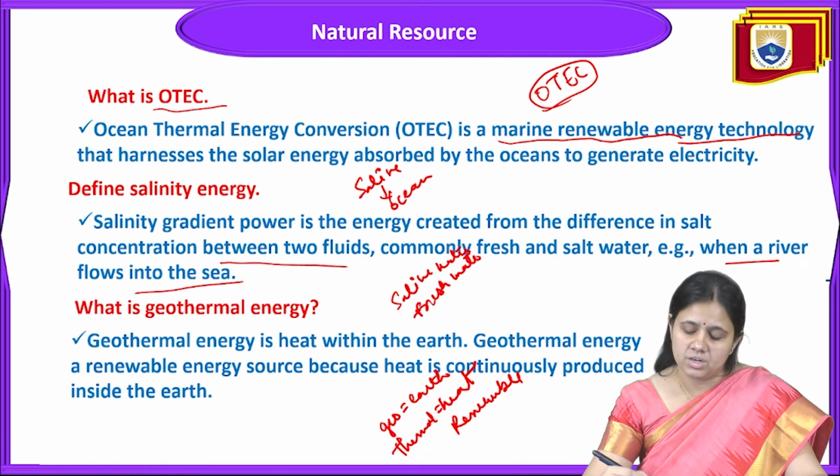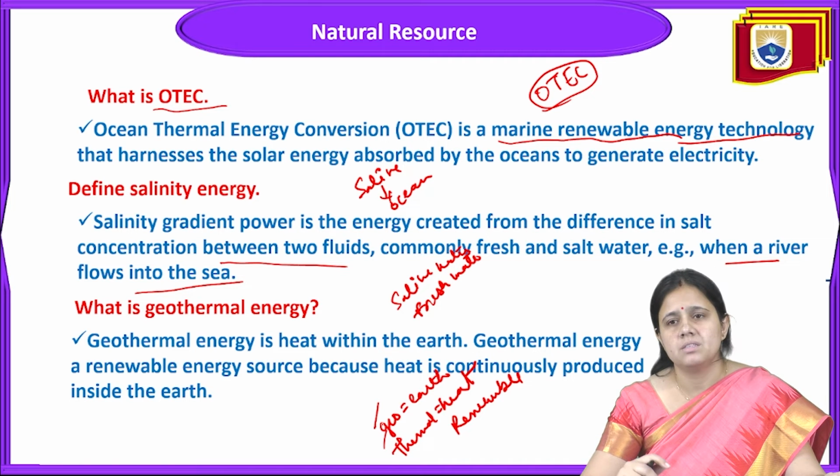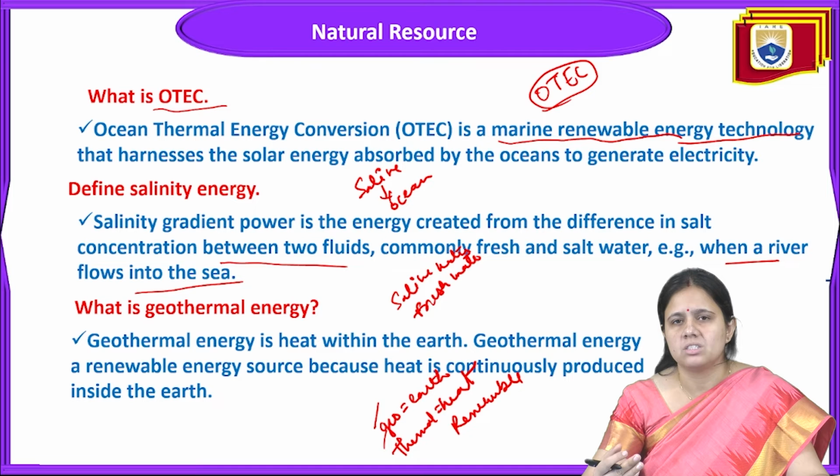As we already discussed, geo is earth and thermal is heat, meaning the heat present beneath the earth's surface used for energy is called geothermal energy. This is a renewable source of energy and should be an alternative source of energy, because there is great potential in it.